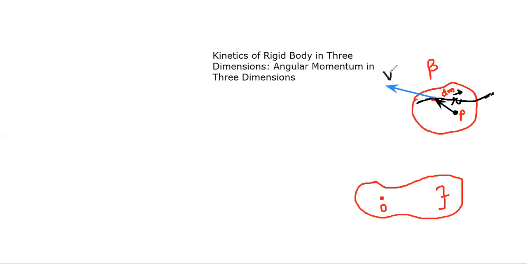Vector v represents the velocity of this particle of mass dm. Let's suppose an observer in the ground says, by the way, this is the velocity of this point with respect to point P.